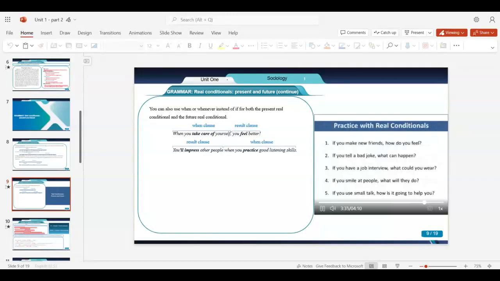Now you try it. Work with a partner and finish these sentences with your own ideas. Yes, students, hopefully you get it.